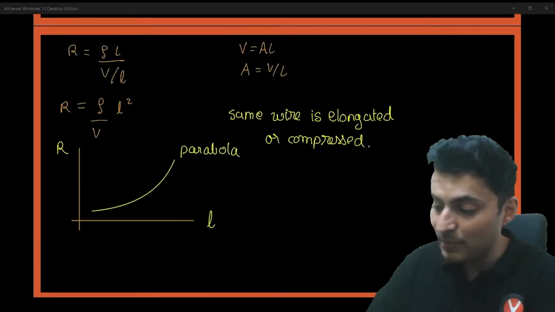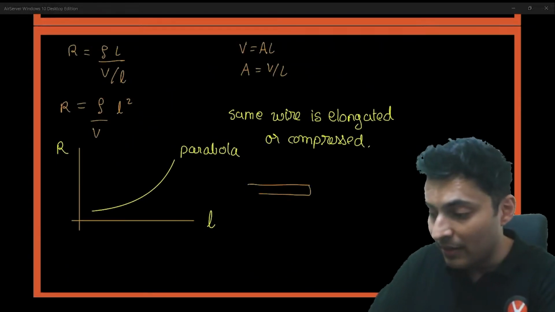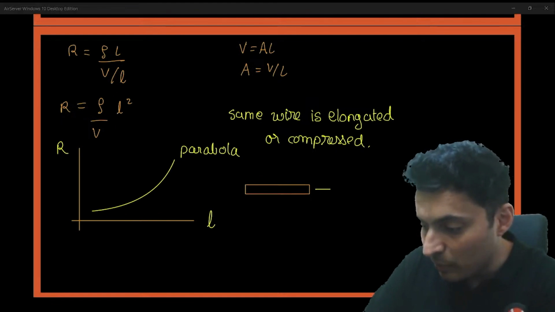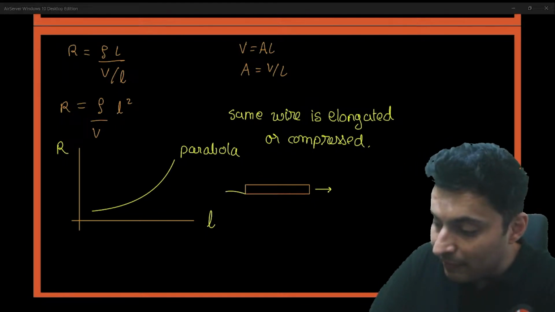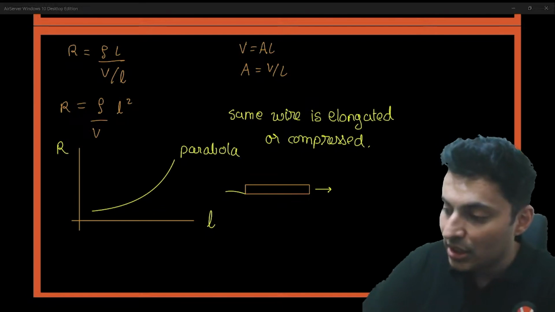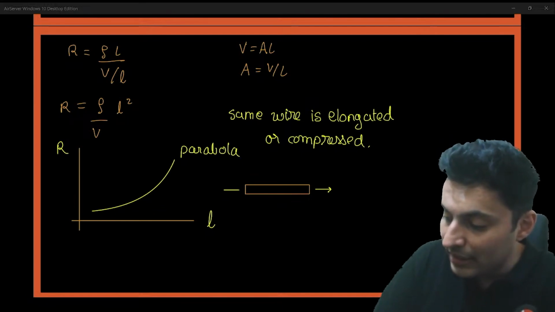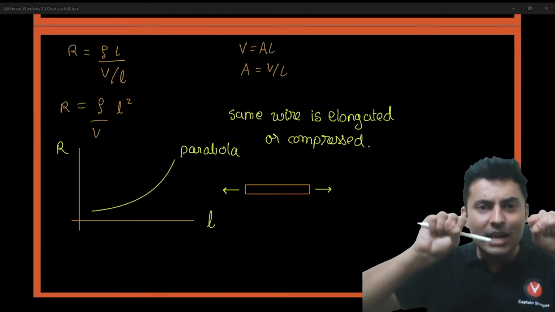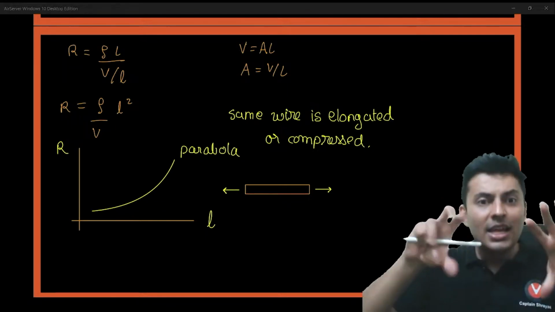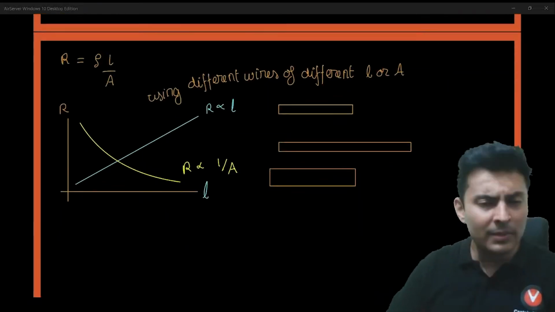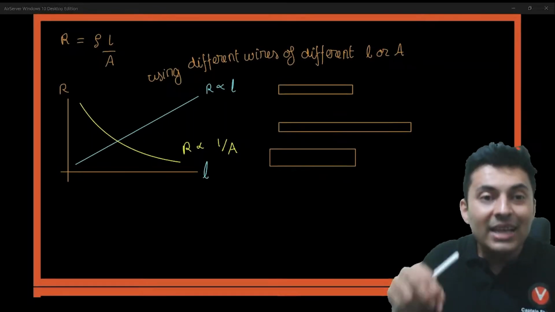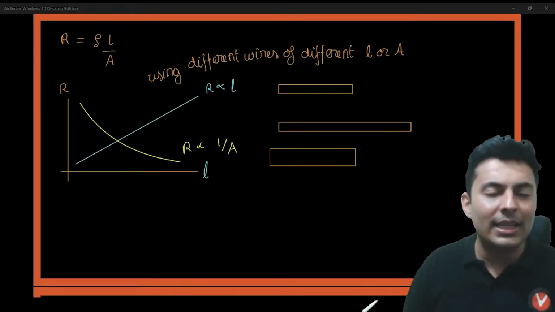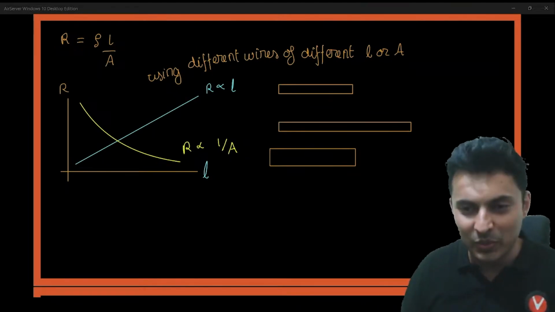But in this particular scenario, if it is given the same wire is being pulled, then the area will automatically change to conserve the total volume. If you elongate it, area will decrease. If you compress it, area will increase. But in the previous one, it's my choice. I can melt copper or iron or steel or aluminum into whatever length and area I want it to.